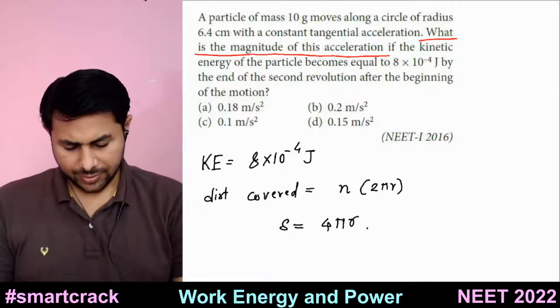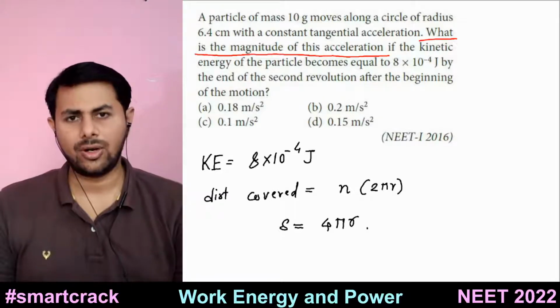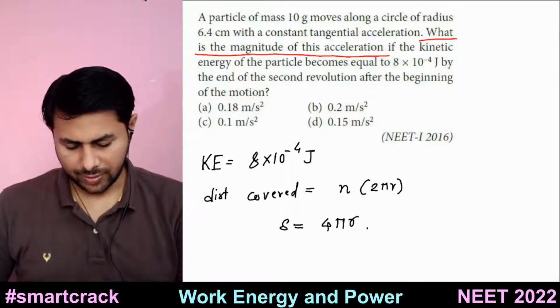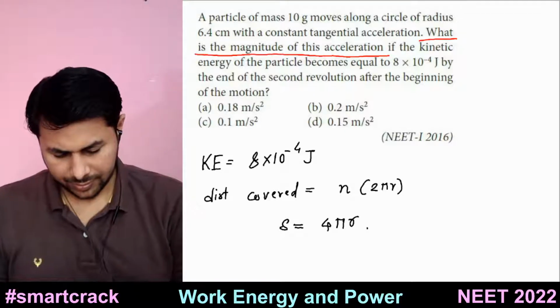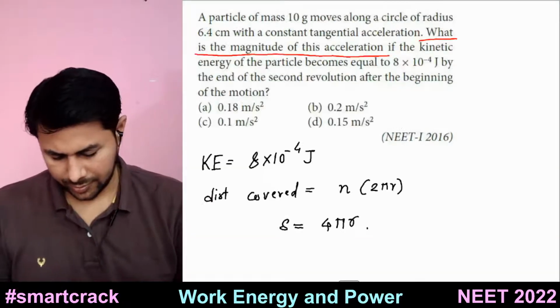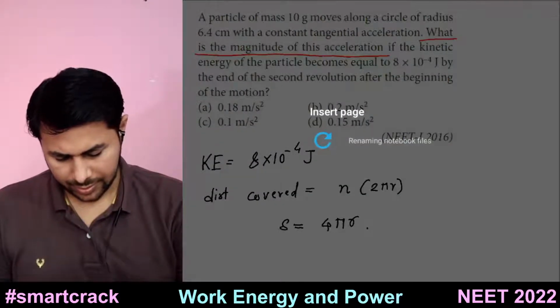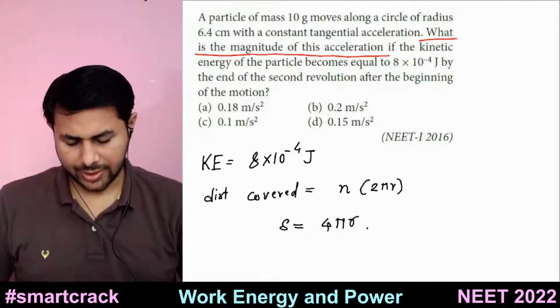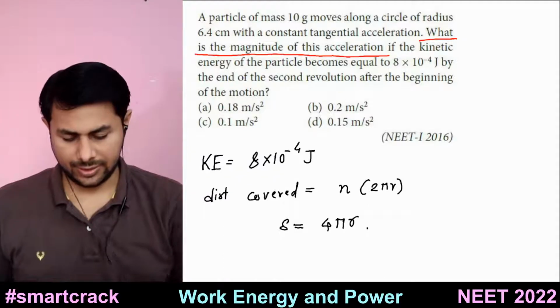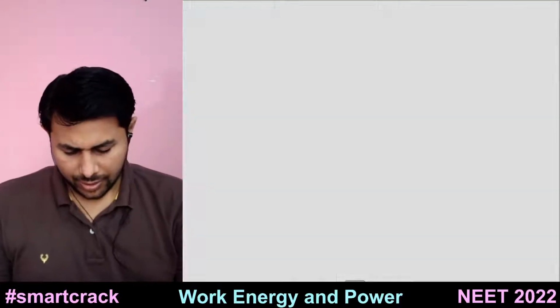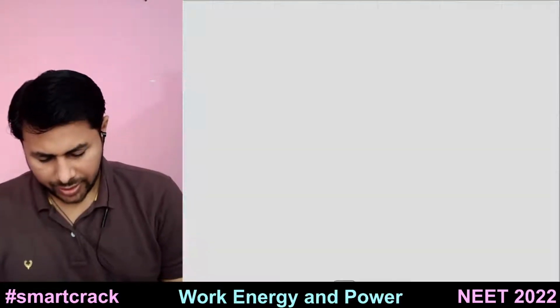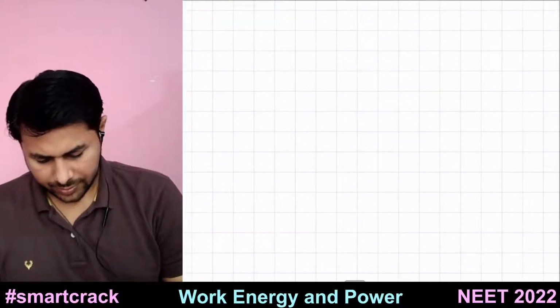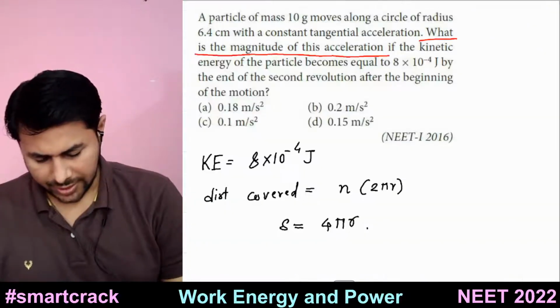Alright. So now you can use the law of conservation of energy. Or you can say work done is equal to kinetic energy, right? So how much will be the work done over here? So there is constant acceleration.